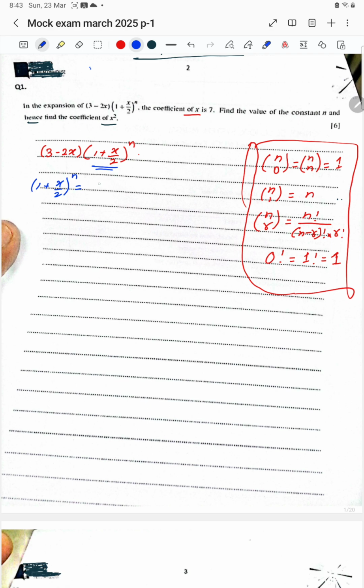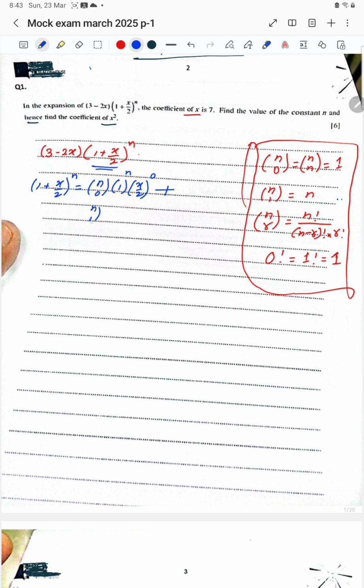So we can say it will start from nC0, a raised to power n, b raised to power 0, and this rule is also given in the formula sheet MF19. You can take help from there.